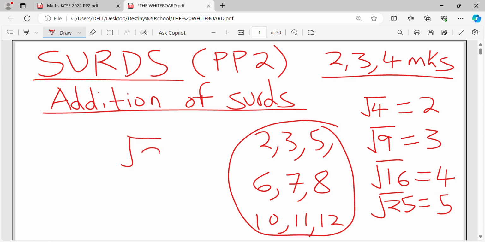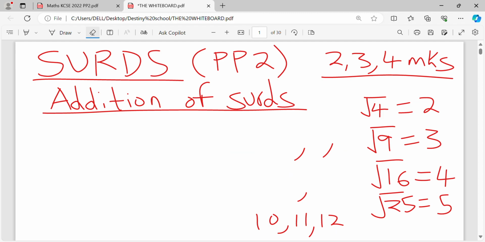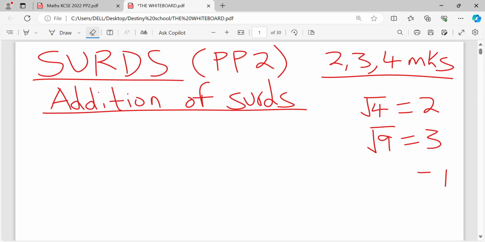So sometimes we just decide to write it as root 2, so that when you leave it in that manner, its accuracy is still intact, because a person will be able to use it the way it is as root 2. So that is the element of Surds. Surds assist in eliminating errors and improving the accuracy of answers.